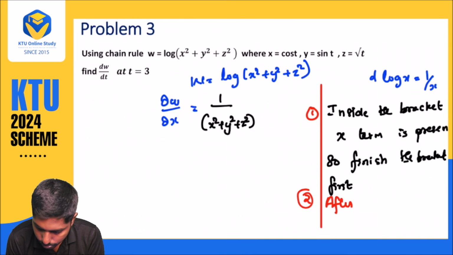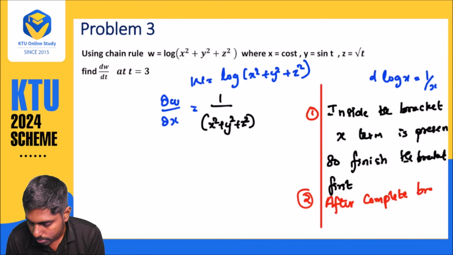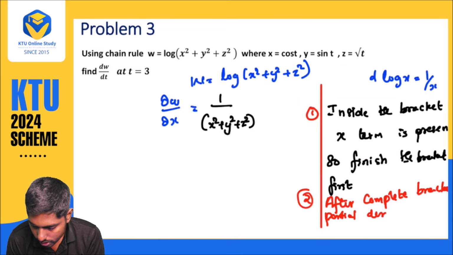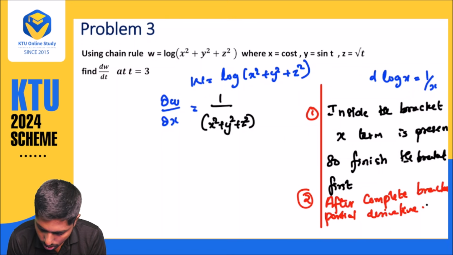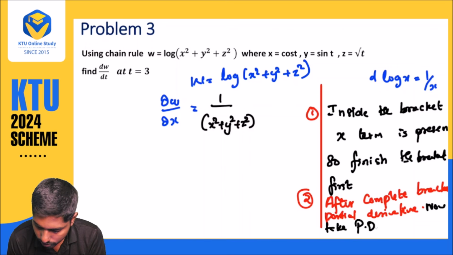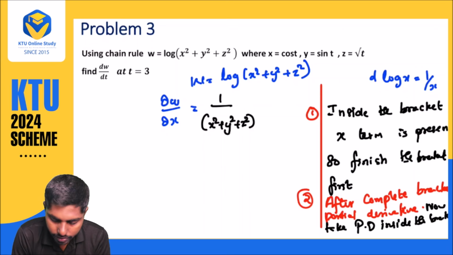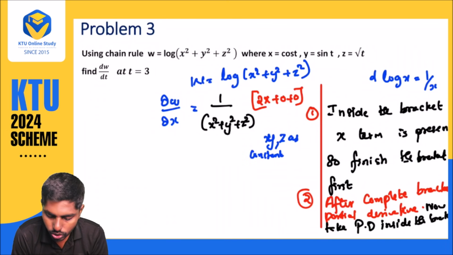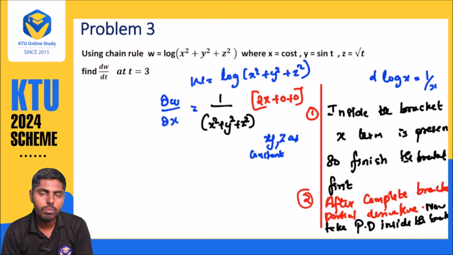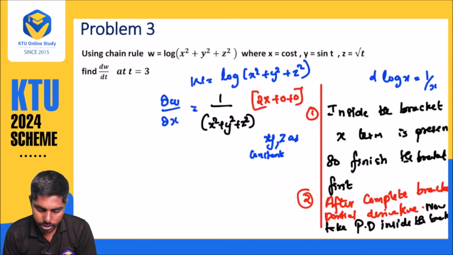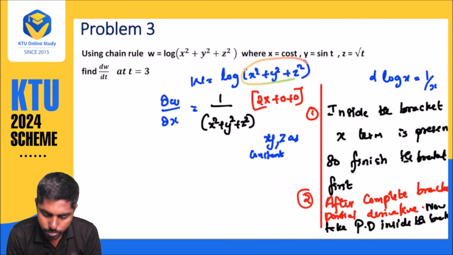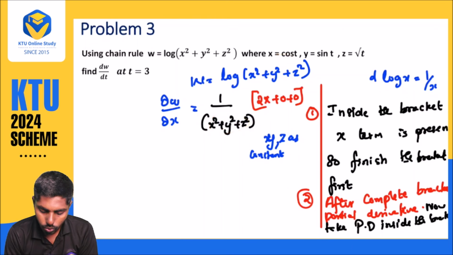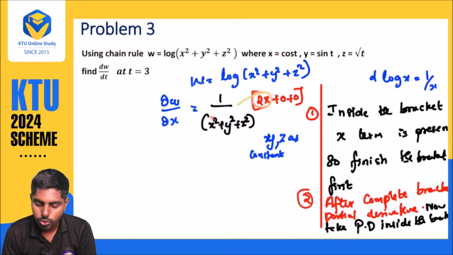When you take the derivative inside the bracket, it will become 2x plus 0, because y and z are treated as constants. Derivating x² gives 2x, and y² becomes 0 and z² becomes 0. Since x is present inside the bracket, we write 1 divided by that bracket value, and derivating partially with respect to x we get 2x, and the rest become 0.